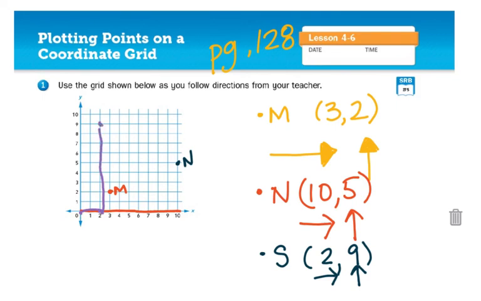You would put the point there and the letter S. Make sure that you're doing this on journal page 128. And let's do one more. Let's do the letter R. And we'll call that 8, 0. So if we're making this 8, 0, we would go over 8 to right here and up 0 and put the letter R.